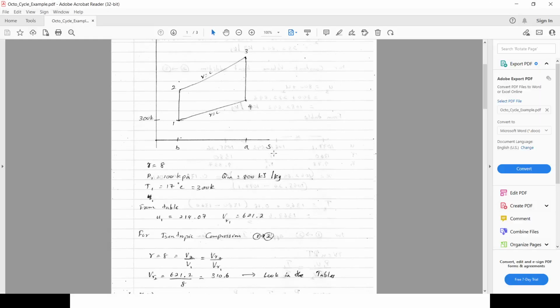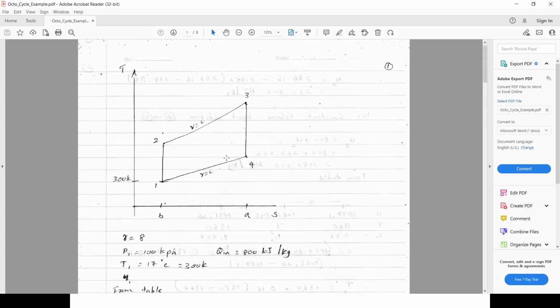Now, this is how the system looks. If we draw things in a TS diagram, right? It is given that r equal to 8, that means compression ratio, and we already know P1, pressure 1, is 100 kilopascal, and T1 is 300 Kelvin, right?